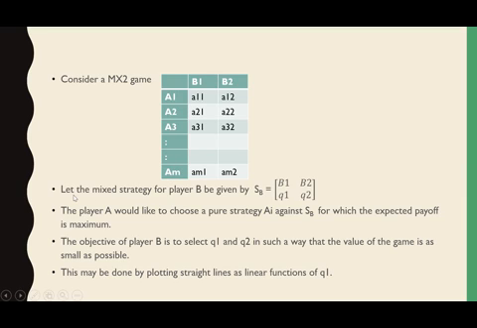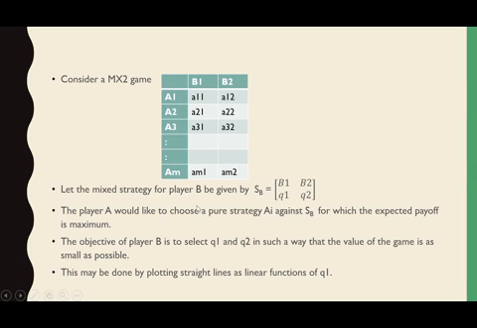We will just have a look. Let the mixed strategy of player B be given by SB, which is Q1 and Q2. So player B does not have any options. He has only two strategies, B1 and B2. So he will be using them in the probabilities Q1 and Q2.